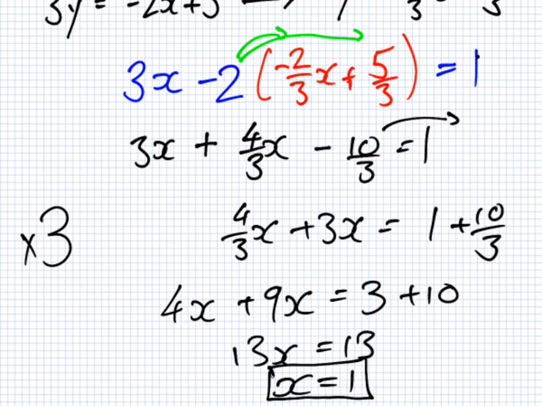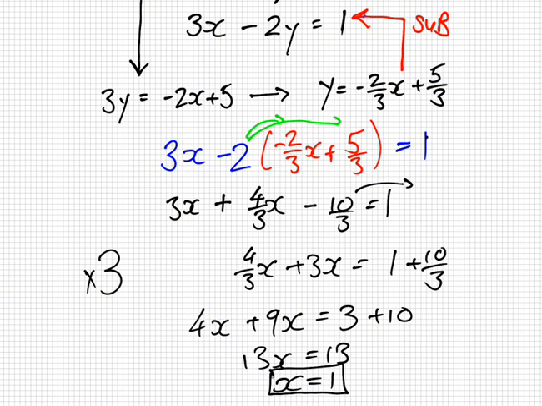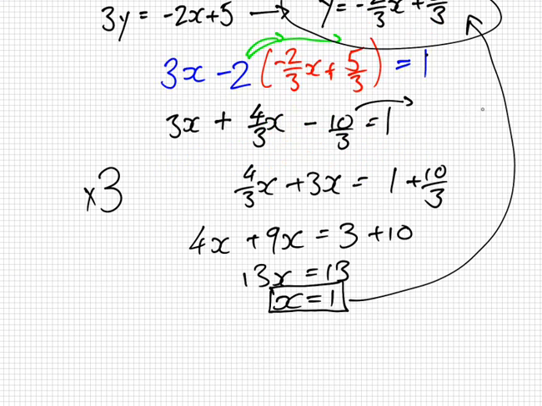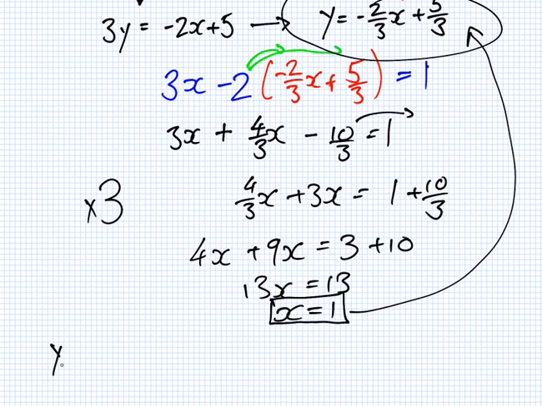Yep. Okay, what do I do with this now? That's it. I substitute it in here, replacing the y with this in here. So now I get 3x minus 2y equals 1.